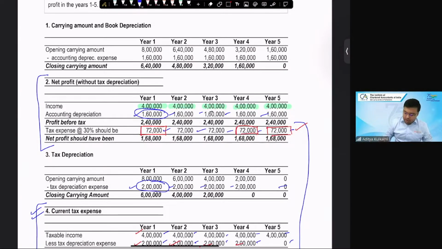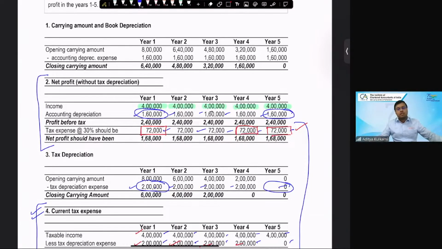This 40,000 difference is ultimately getting adjusted in year 5. Are you able to follow? So this is a temporary difference arising out of this. Why do we call it a temporary difference?